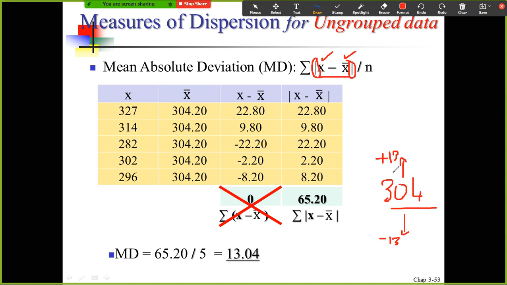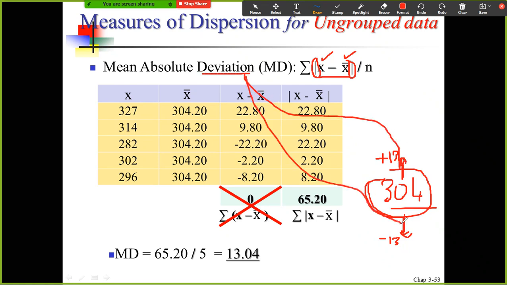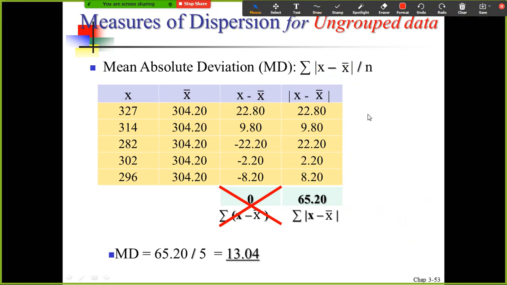This is the average, and then 13 higher in average, 13 lower in average. So this is the mean absolute deviation. This is deviation. So this is the mean deviation.